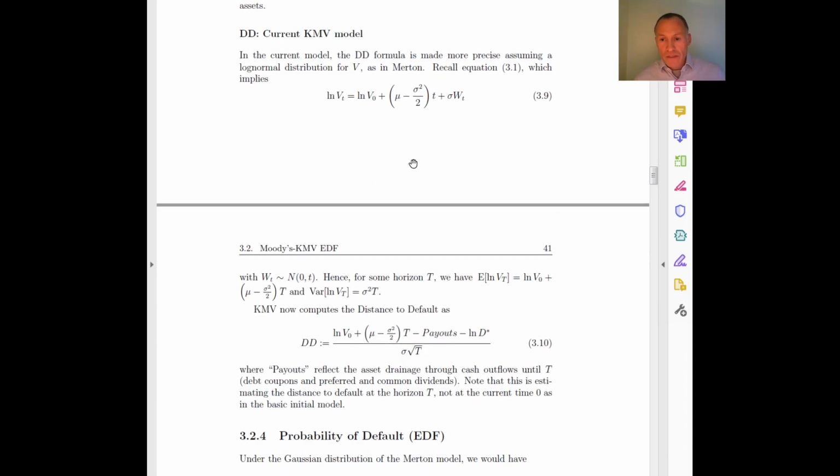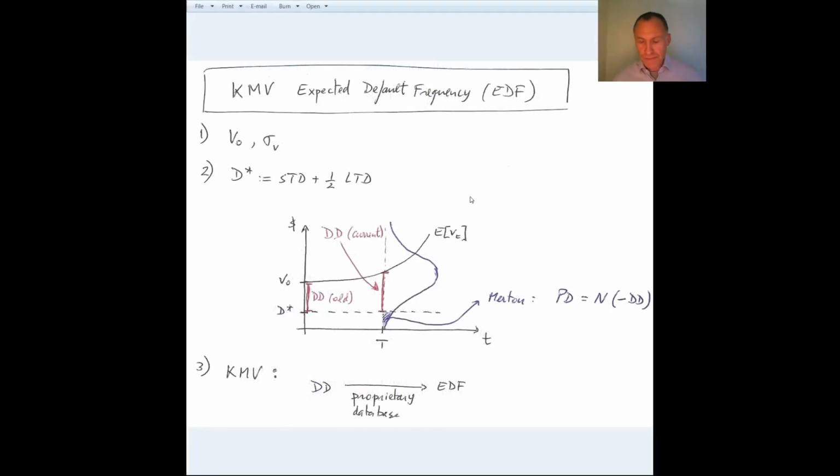What KMV does nowadays is slightly different, and it's easier to see this with a figure. So let me open this figure here. Again, we have three steps. We have done the first step. We have an estimate for the value of the assets and the volatility of the assets. Now we are in the second step. We have this critical default point.